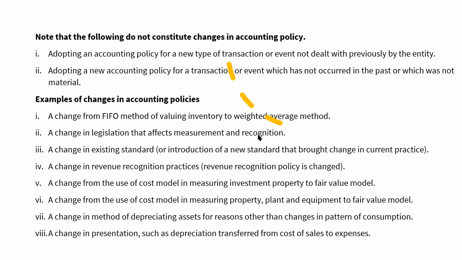Lastly, a change in presentation, such as depreciation transfer from cost of sales to expenses, is a change in accounting policy.